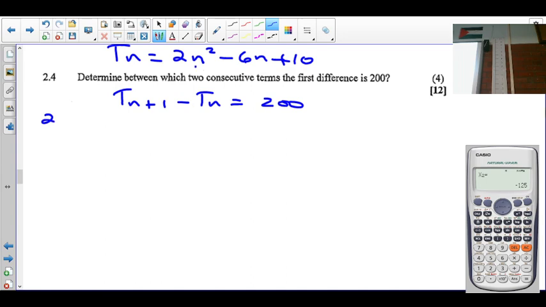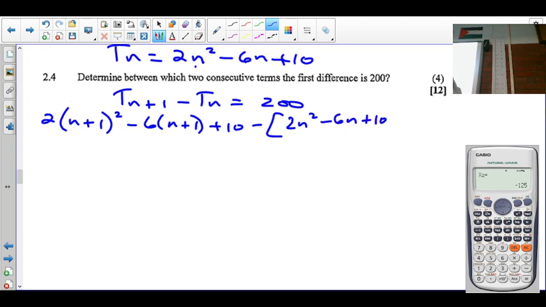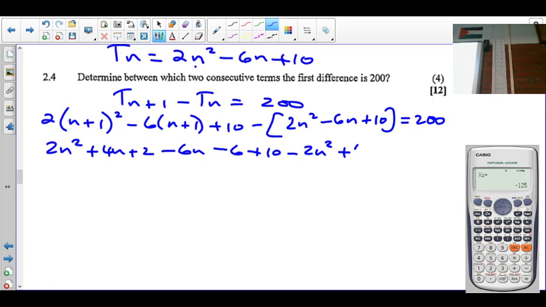So if I see an n, I replace it with an n plus 1, so it's 2 into n plus 1 squared, minus 6 into n plus 1, plus 10, minus 2n squared minus 6n plus 10 is equal to 200. So this is tidying up a bit. So it's going to give me 2n squared plus 4n plus 2 minus 6n minus 6 plus 10 minus 2n squared plus 6n minus 10 minus 200 is equal to 0.